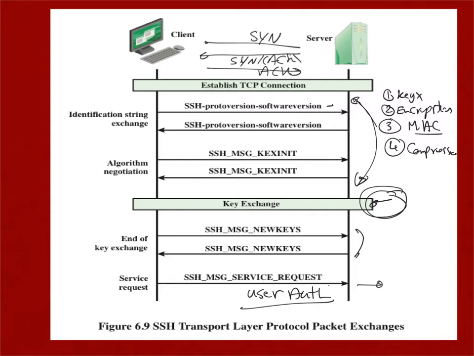So here the first initialization message is for the client to initiate the security context communication by saying that I want to send the protocol version and the software version. So this message looks like this really.